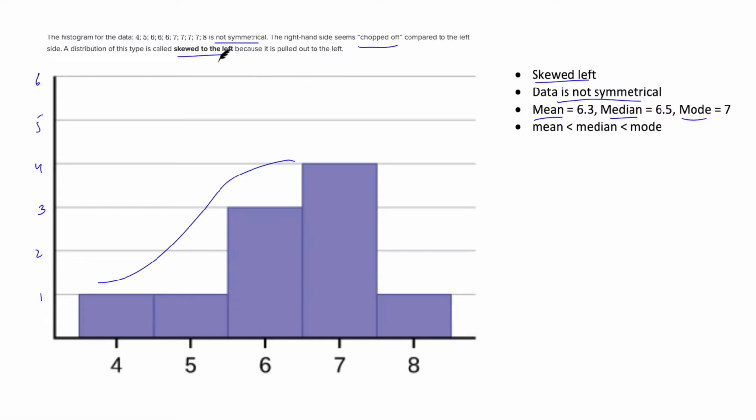Median is the middle value, that is 6.5, and mode, all of us can see, that is 7. So whenever you have a graph that is skewed left, mean will be less than the median and that will be less than the mode. This is the most important thing that you need to remember for a skewed left histogram.